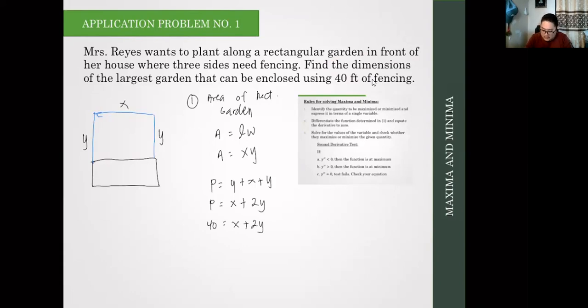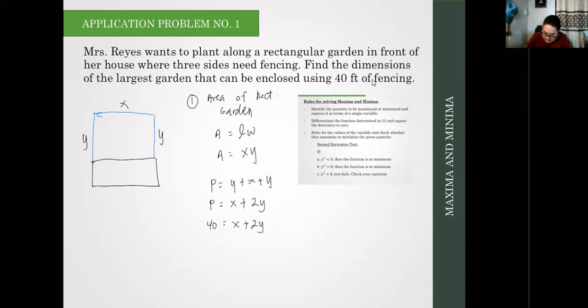So kung ito yung kailangan mong i-maximize na equation, kailangan kumuha ka ng value ni y mula dito sa second equation na nakuha mo or relationship na nakuha mo. Okay? Makukuha ba natin yung y? Yes, by transposing tsaka dividing yung both equation by kung ano man coefficient yung meron si y.